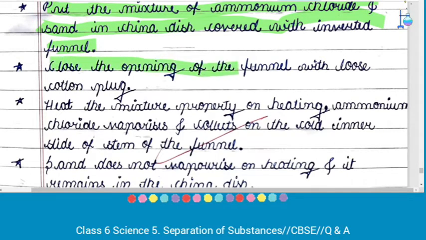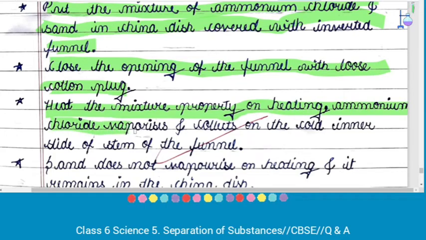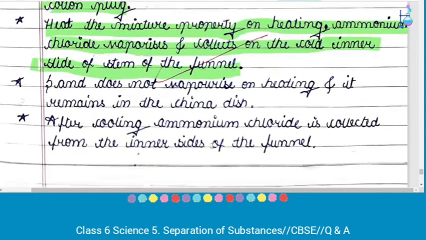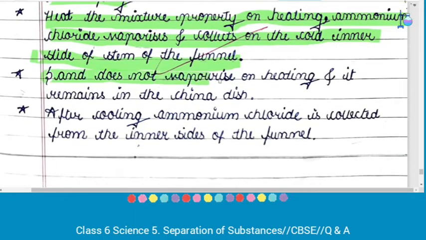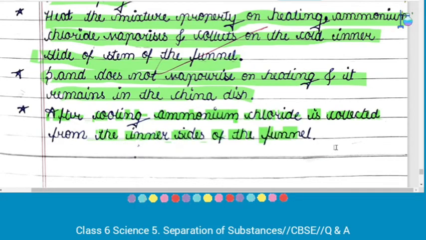Close the opening of the funnel with a loose cotton plug. Heat the mixture properly. On heating, ammonium chloride vaporizes and collects on the cold inner side of the stem of the funnel. Sand does not vaporize on heating and it remains in the china dish. After cooling, ammonium chloride is collected from the inner side of the funnel.